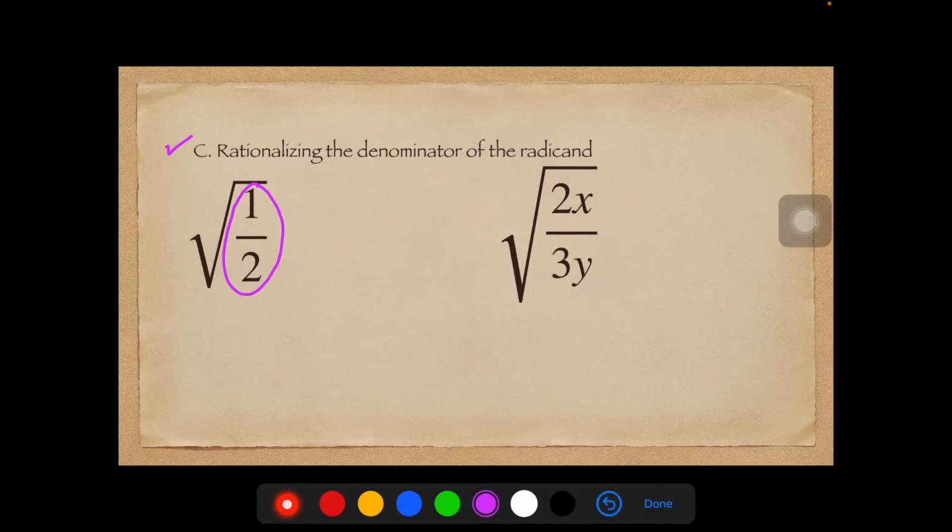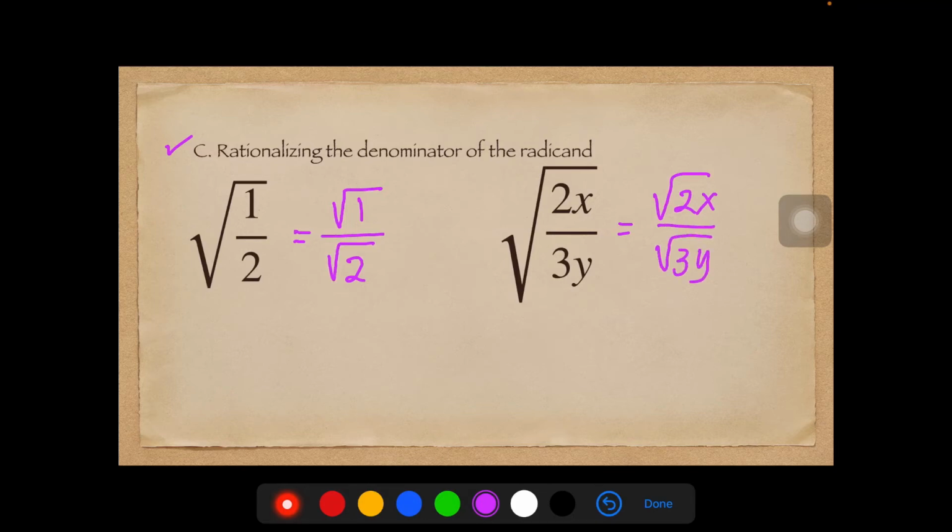So the first thing that we're going to do, just like how we did that in the laws of radical letter C, is rewrite it as square root of 1 over square root of 2. For the other one in here, we have square root of 2x over square root of 3y.